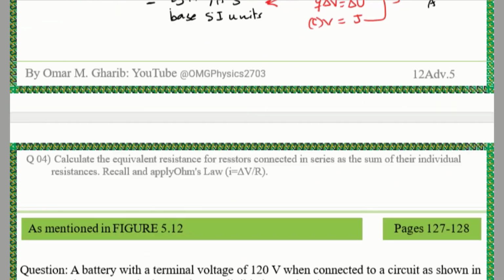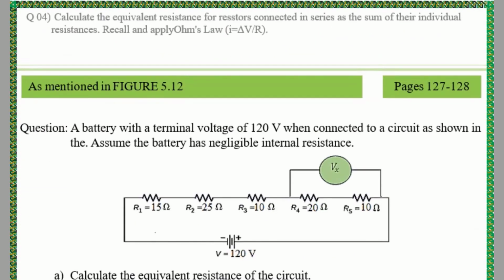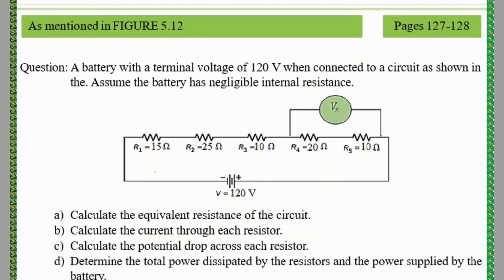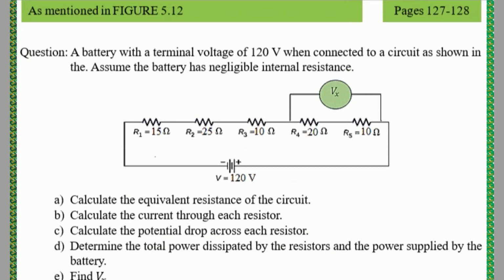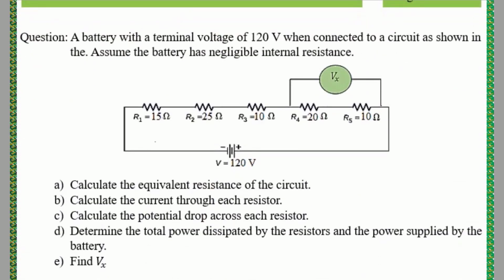Now let us discuss some circuits. Question number 4. A battery with a terminal voltage of 120 volt was connected to a circuit as shown in the figure.